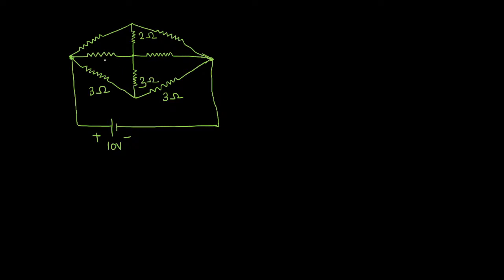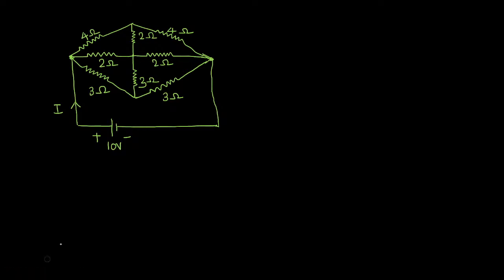And let us connect some 2 ohm resistor here, another 2 ohm resistor, and here I am going to connect a 4 ohm resistor, and here also the same 4 ohm resistor. Now the question is, what is the current supplied by the source for the entire circuit? That is the question.